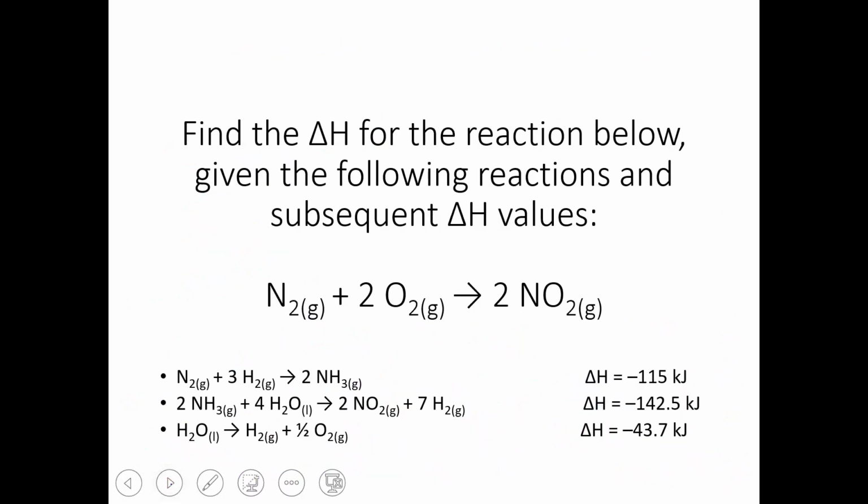Okay, let's look at one more example here. We want to get the reaction N2 plus 2O2 yields 2NO2. And we're given some equations down here. So let's start with N2. If we look through these 3 equations, we have N2 as a reactant in the first equation.